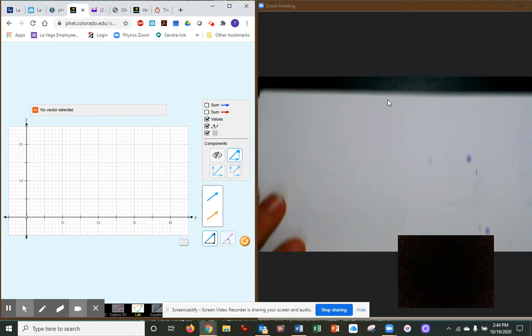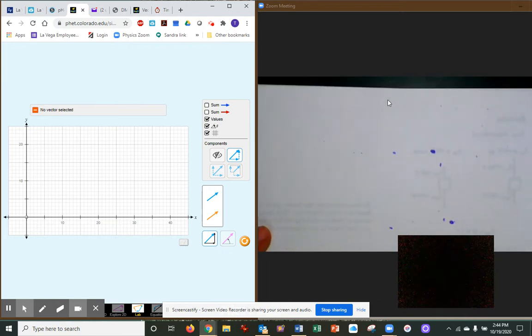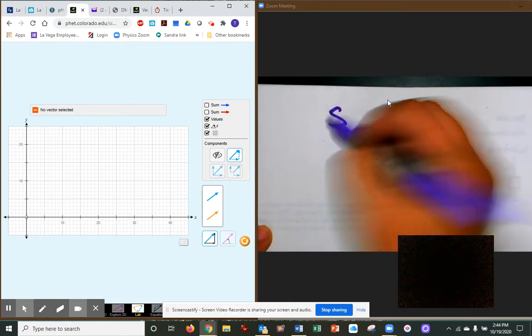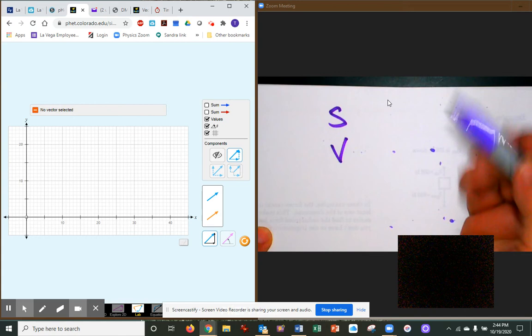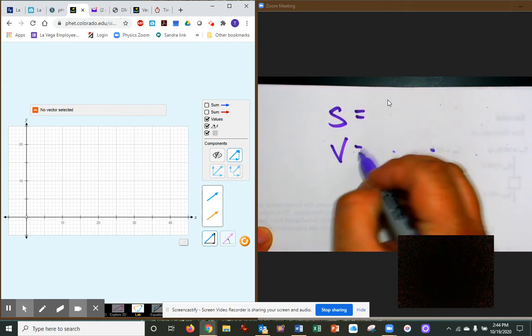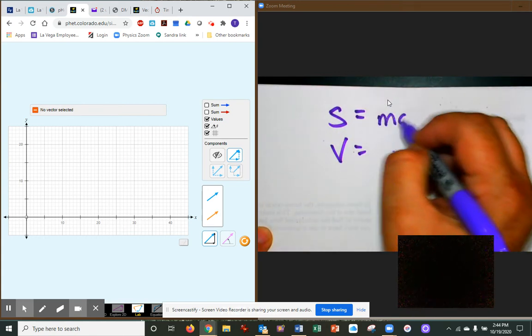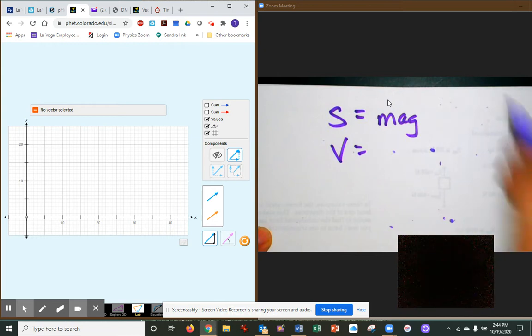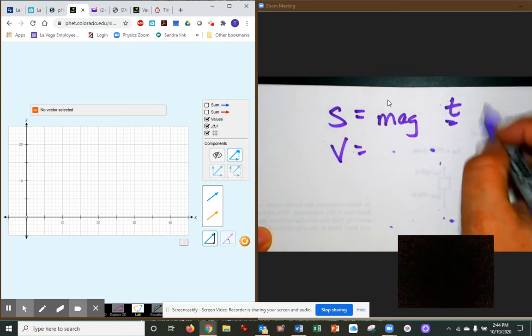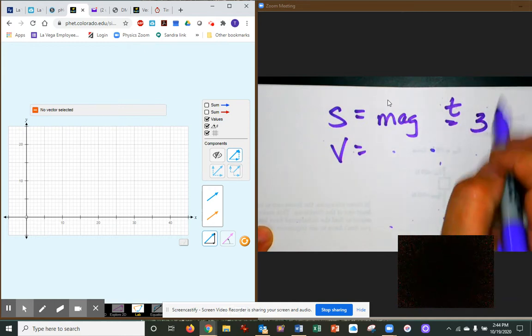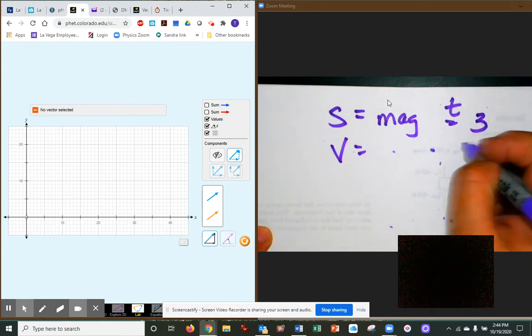Okay, vectors. We have two kinds of quantities in physics: scalar and vector. Scalar is magnitude only, like time. There's no direction to time. It would be like a number, like the number 3. It only has a magnitude.